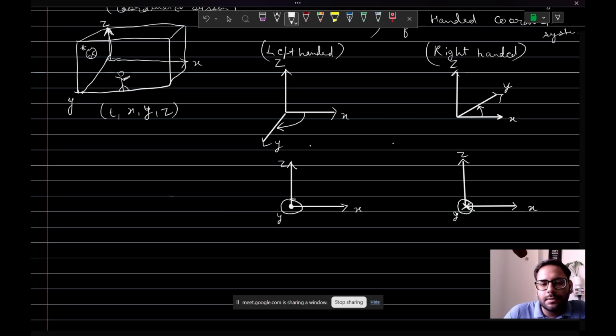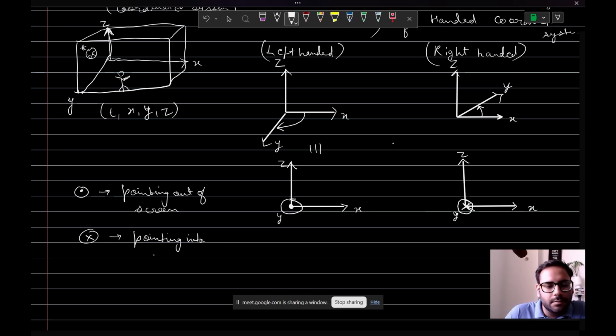This signature means pointing out of the screen, and this represents pointing into the screen.